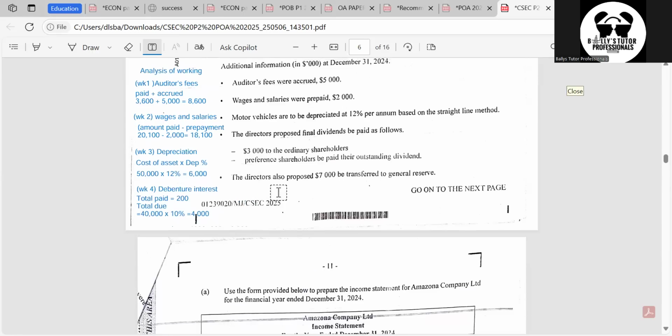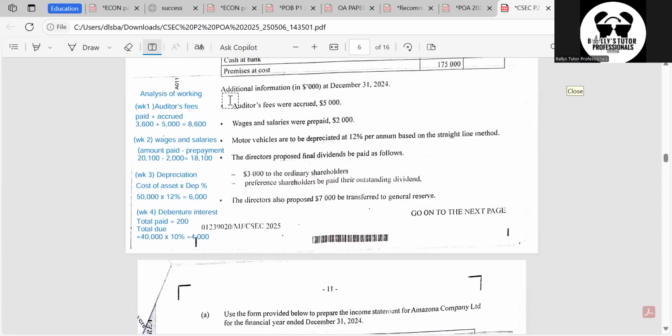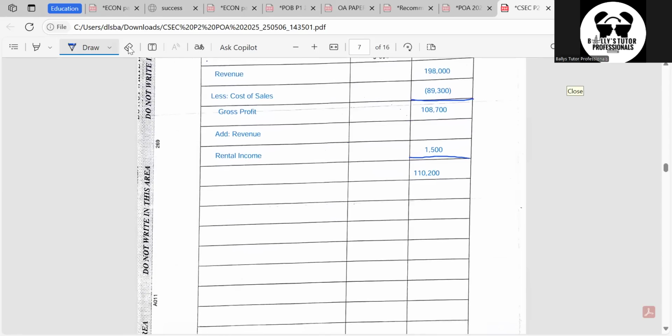So now that we did all of our calculations for the income statement, because the rest of this here will be information for the appropriation account, right? So now that we did all the rest of stuff we'd have to do for the income statement, let's record our expenses. So put less expenses. And I'm going to start off with the expenses that I did my calculations for to make sure I don't leave them out.